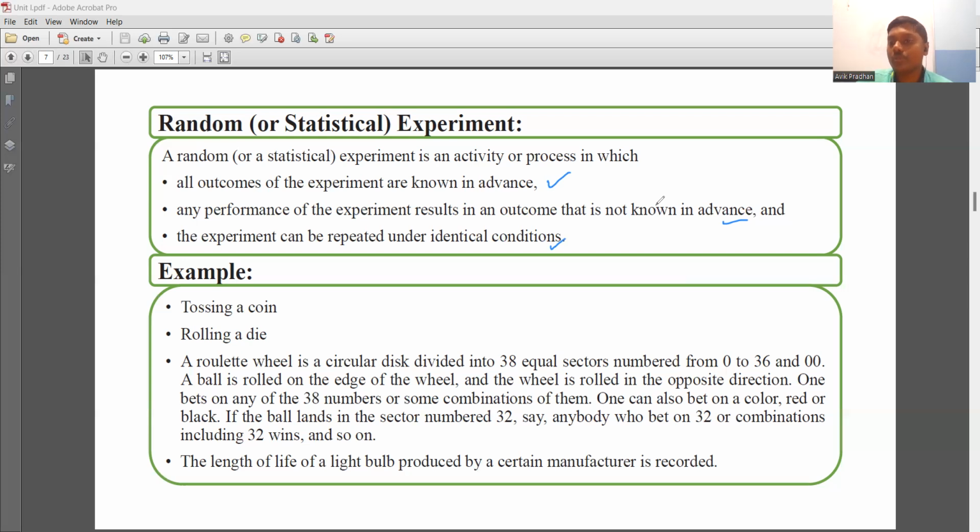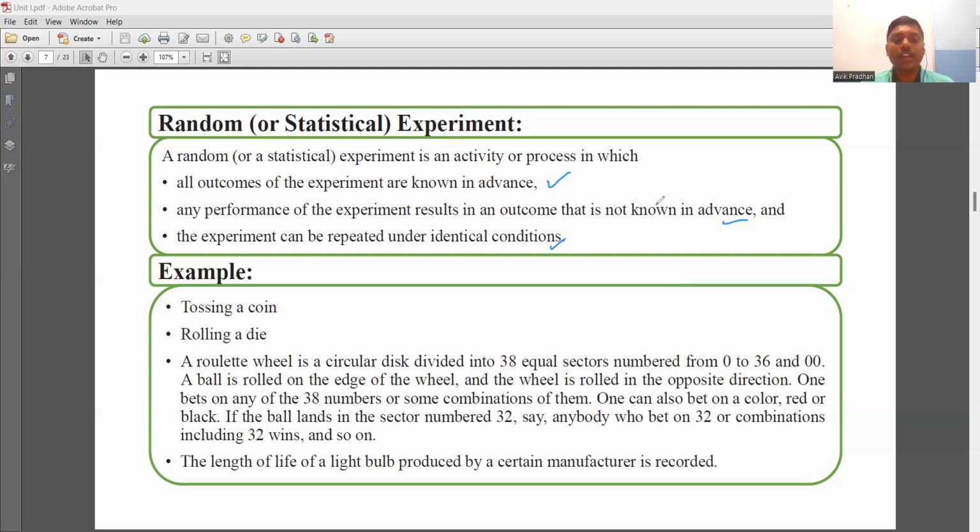That means if I roll a die, we do not know whether it is going to be 1 or 2 or 3 or 4 or 5 or 6. But these outcomes are known to me in advance. And I can conduct this experiment as many times as we wish. So this is a random experiment or statistical experiment.